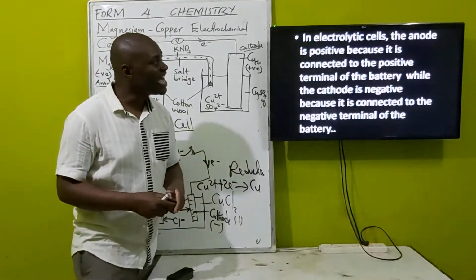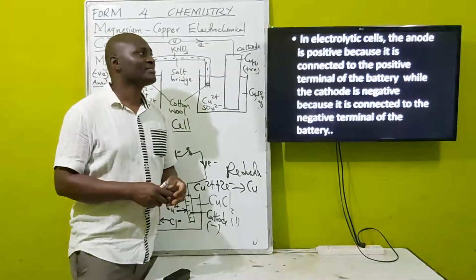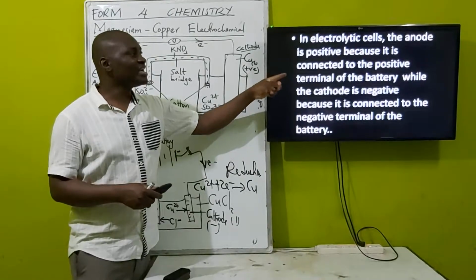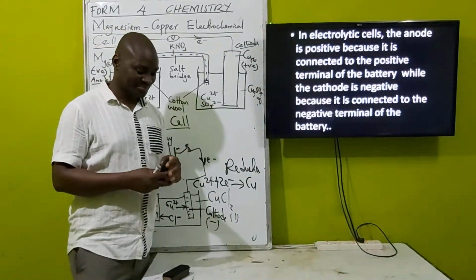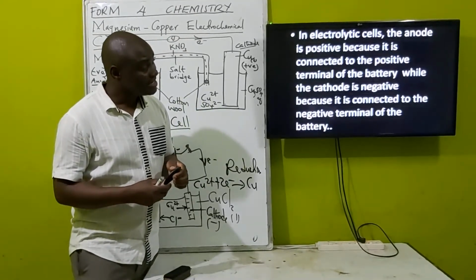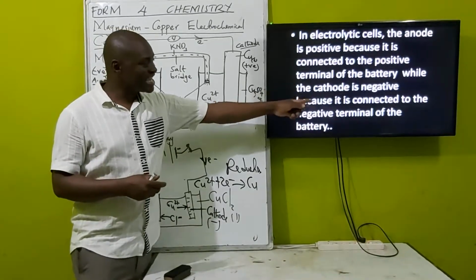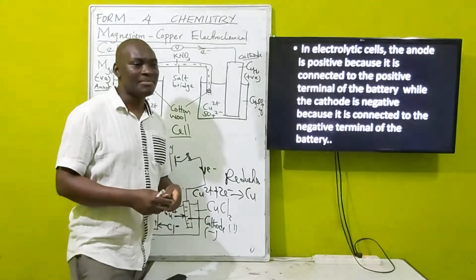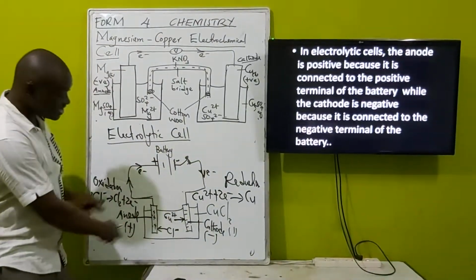Very important point there. Then in electrolytic cells, the anode is positive because it is connected to the positive terminal of the battery, while the cathode is negative because it is connected to the negative terminal of the battery. We have explained that down here.